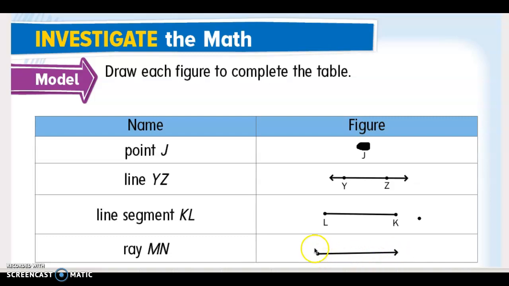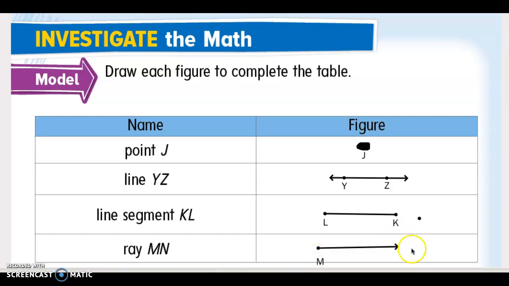So if we think of the endpoint as the sun, shooting sunshine out to earth, those rays of sunshine are going to continue on and on and on as far as they can possibly go. The difference with rays when compared to line segments and lines is that there's only one way to name a ray.